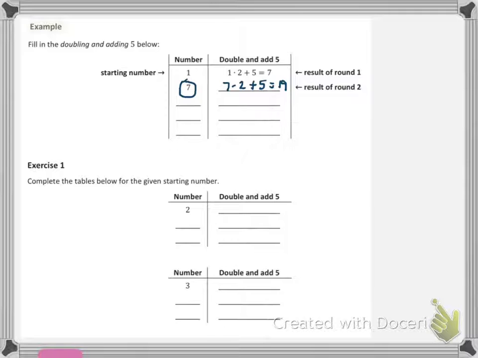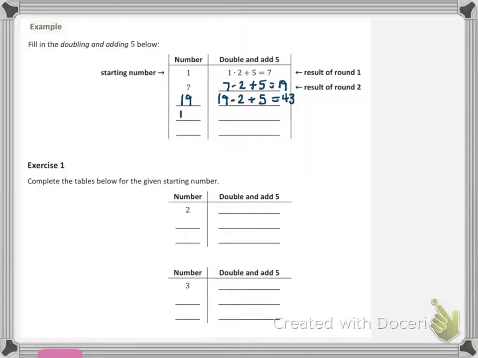And then, of course, that becomes our first number in the third round, so this is a 19. And then we just send it through and have it do the same thing. So it's 19 doubled, that's 38, plus 5, and that's 43.